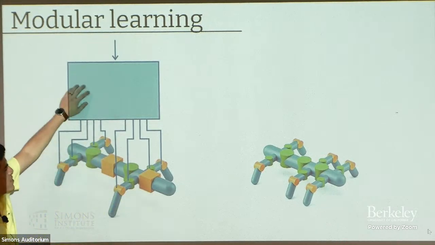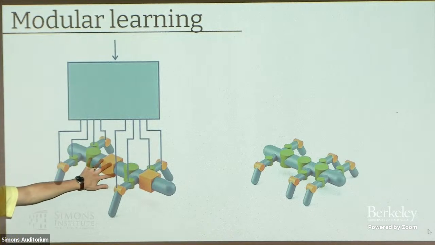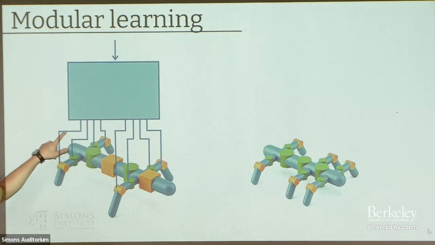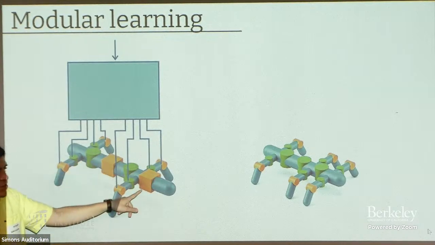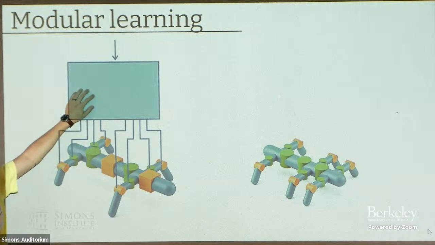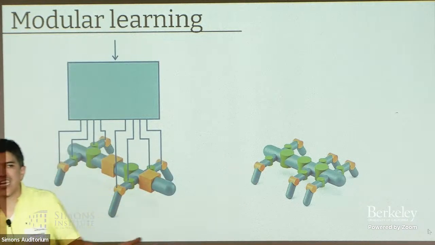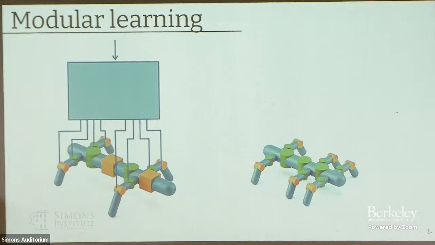Well, I have this controller that works for a 4-legged robot. It has just the right number of outputs to go to each of the actuators of these robots. This is not going to work for this robot, right? It doesn't type check. It's not the right kind of module.